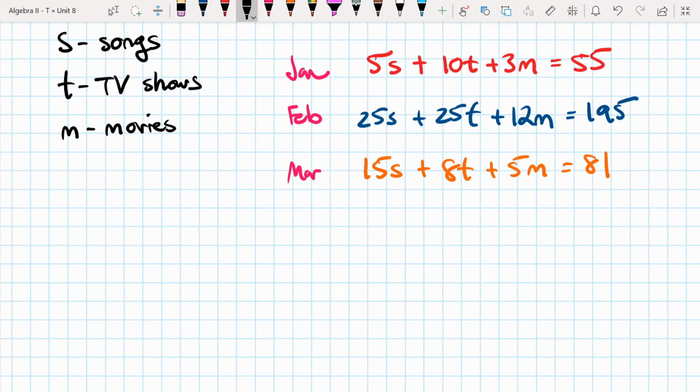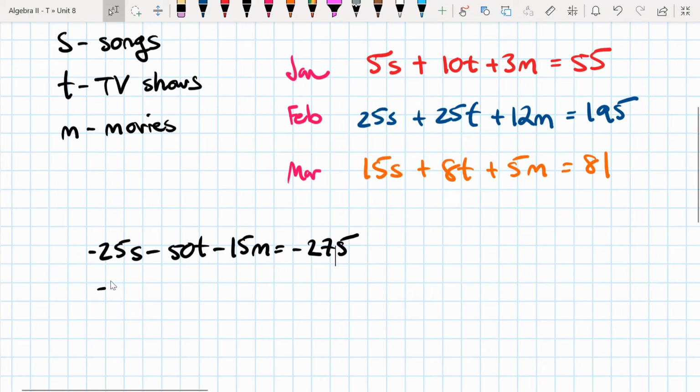Okay, I'll skip a couple steps and just do that first arithmetic. So -25s minus 50t minus 15m is equal to 55 times -5, which is -275. And we're going to add to that equation number 2. So it's 25s plus 25t plus 12 times m equals 195.